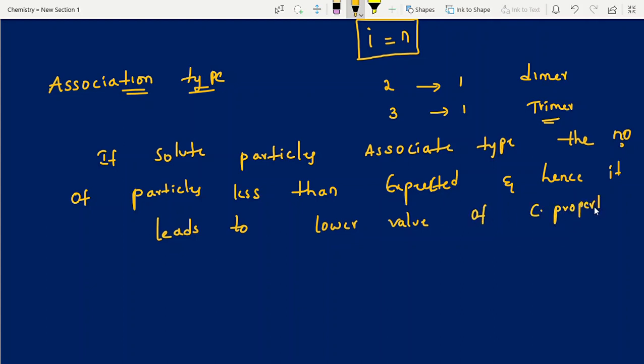We expected some value, but we are getting less than that. Why? Because the type of solute particle is association type.